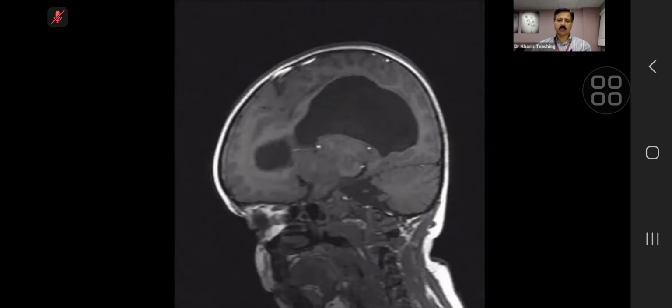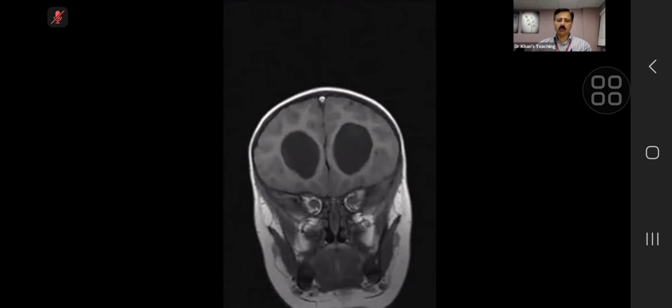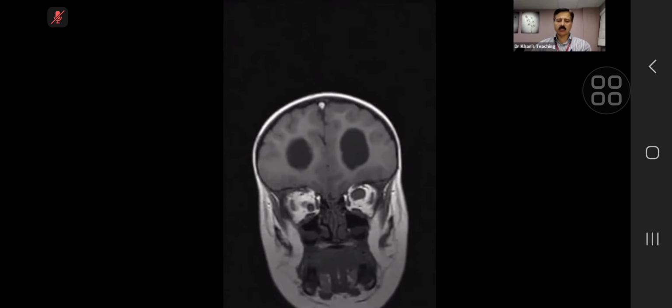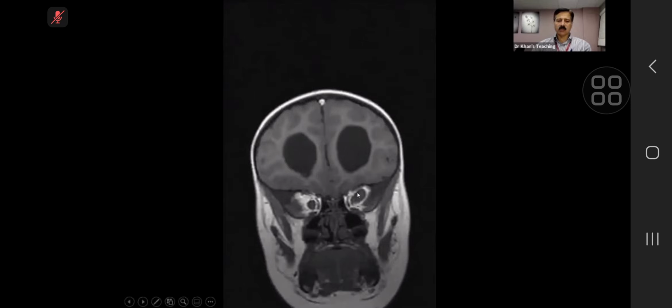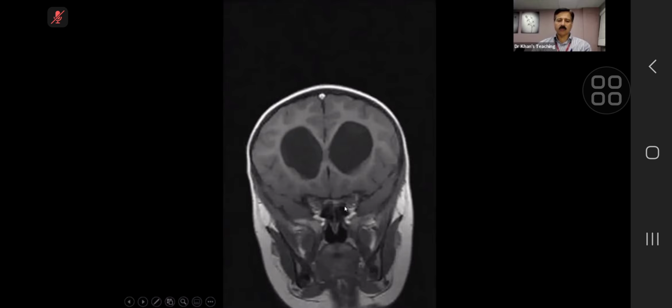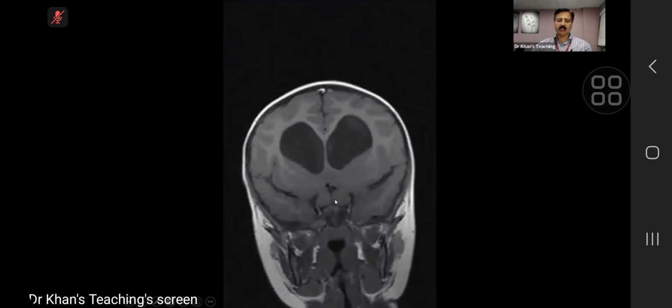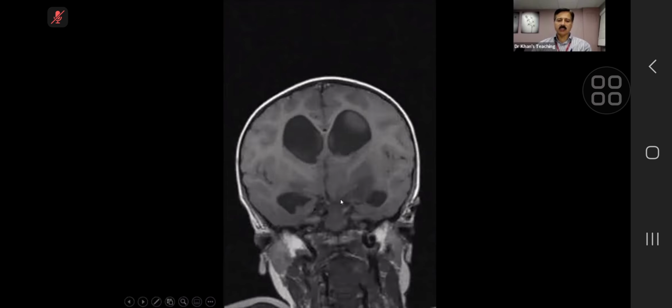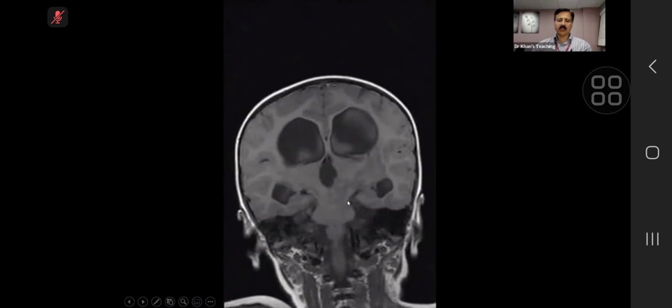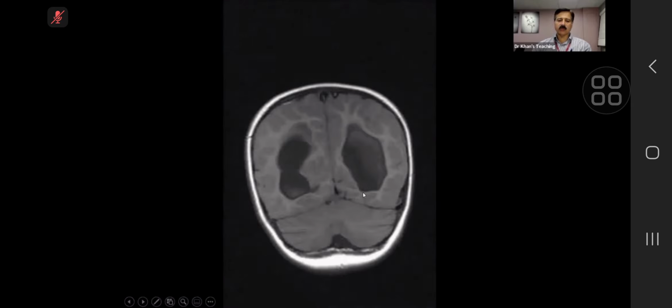I'm going to skip this intentionally, show you a coronal. Now, if you see here, look at this optic nerve versus this optic nerve. Both of them are so thickened, and this is that optic chiasma. And then you can see that the tumor goes along the optic tracts, and on the left side maybe to the radiation.